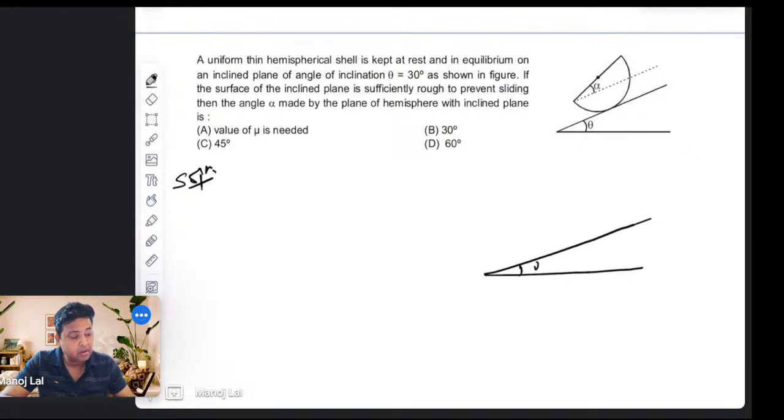This angle is theta and let me draw the hemisphere.